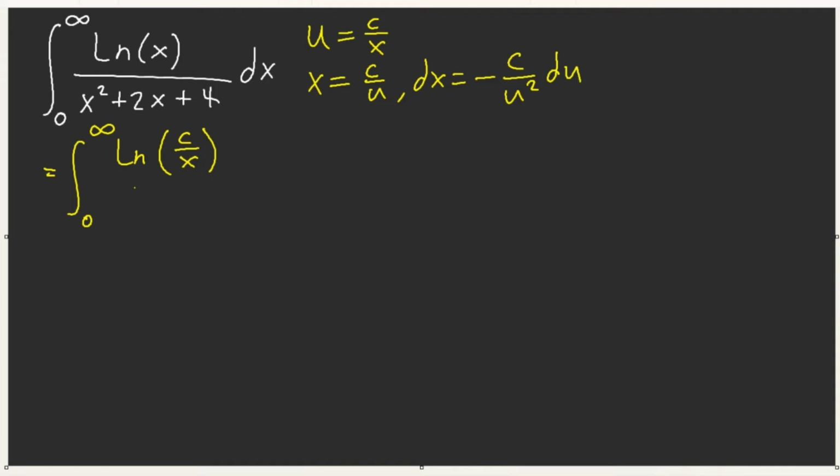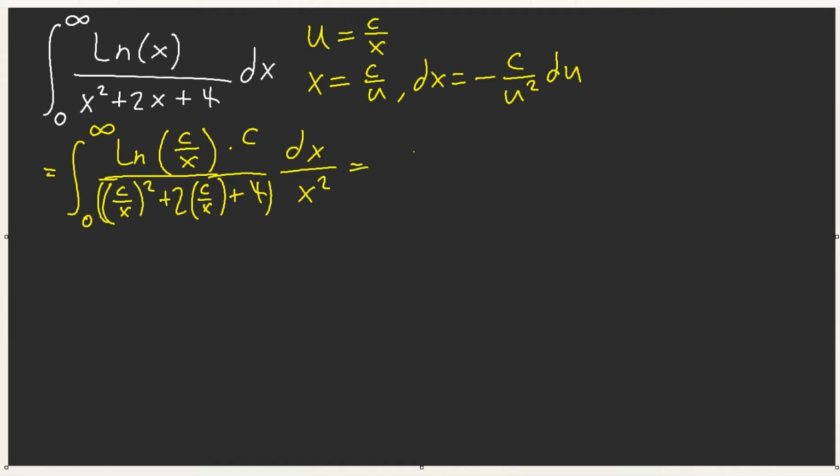Now here, of course, don't forget our dx, but for now we have c over x squared plus 2 over c of x plus 4, and then we have c dx over x squared.